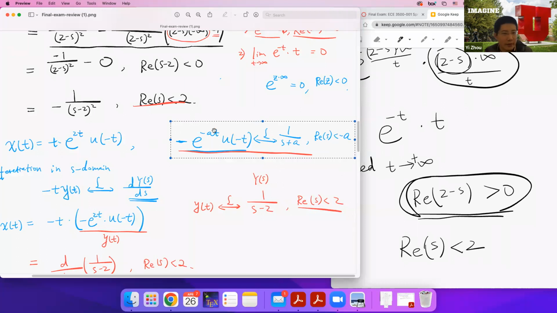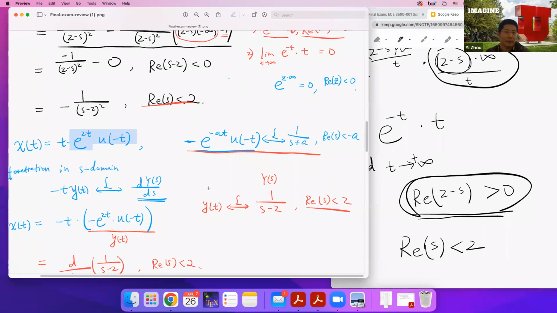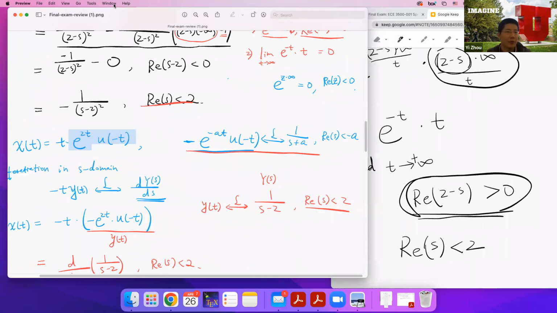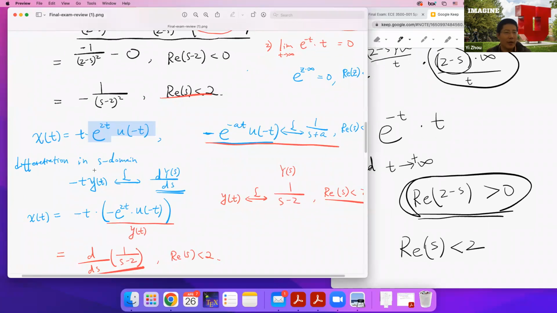And then comparing this example with our signal, we can see that it is very similar to this part of the signal. We can take a to be -2 so that we can recover that signal. And this negative sign is just a linear scaling of the magnitude, and we can handle that. What is important here is to introduce this t factor by leveraging the differentiation in the S domain property.